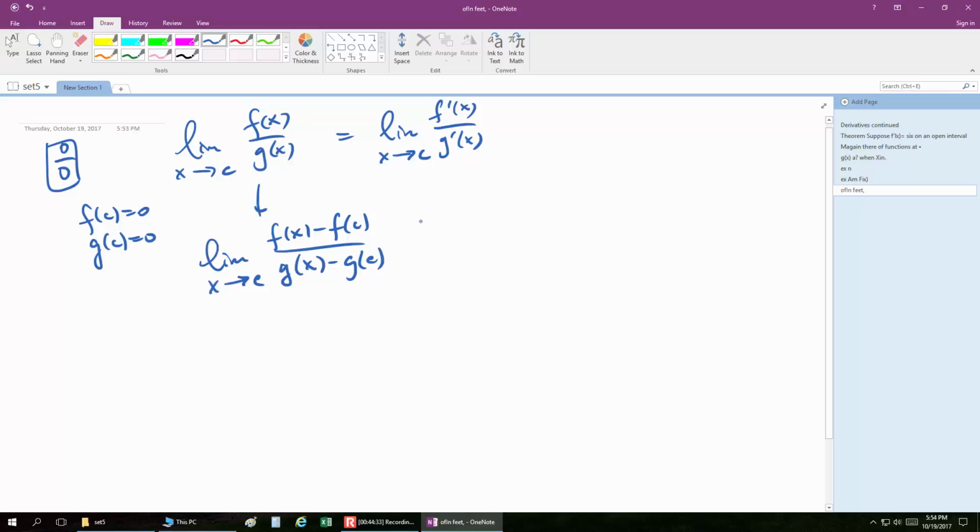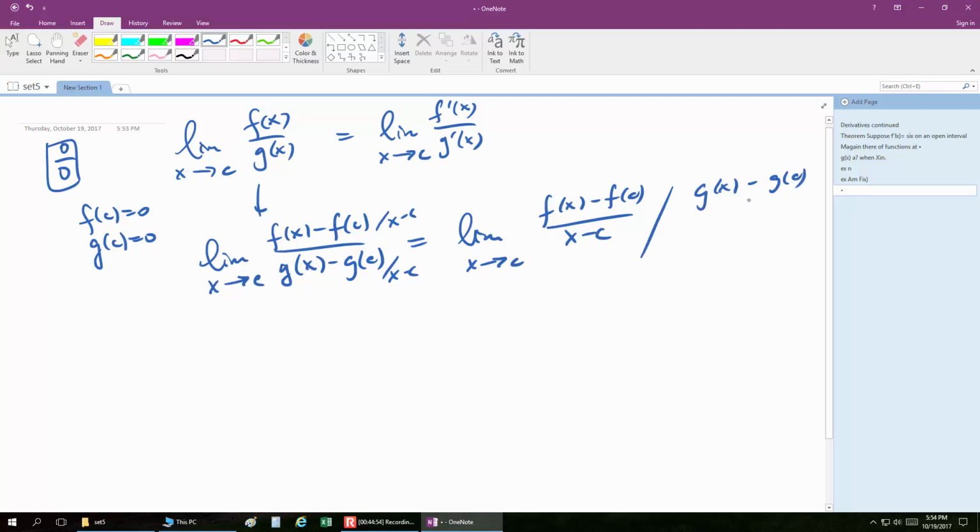Then I introduce x minus c: I divide both numerator and denominator by x minus c. So it will be f of x minus f of c over x minus c, divided by g of x minus g of c over x minus c.